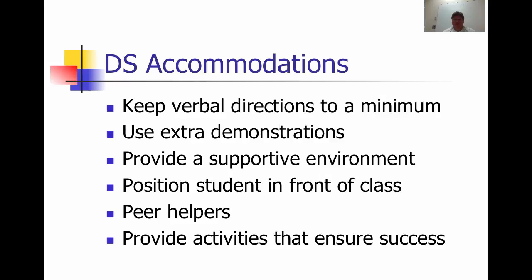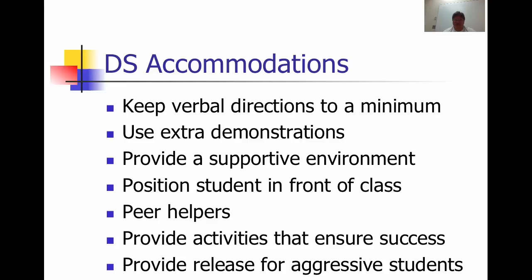In terms of instruction, you need to keep verbal directions to a minimum, use extra demonstrations, and provide a very supportive environment. Maybe think about where you position them so they can see and hear you because of their disability, maybe have a peer helper assigned to them, and provide activities that ensure success so that these children feel good about themselves, which psychologically is going to make them want to participate more in those activities.